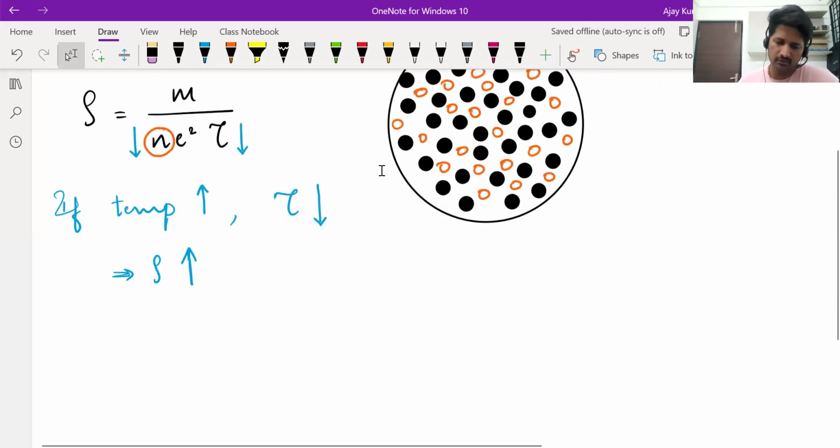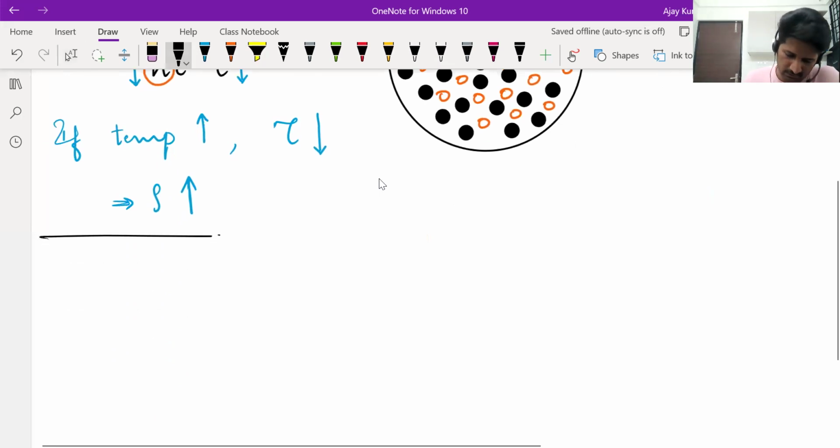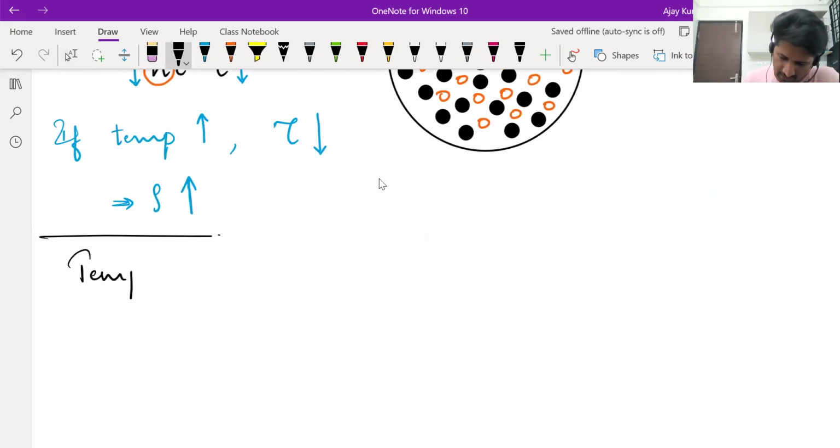Based on this, there is an equation of how resistivity and resistance depend on temperature. That's called temperature dependence of resistivity.